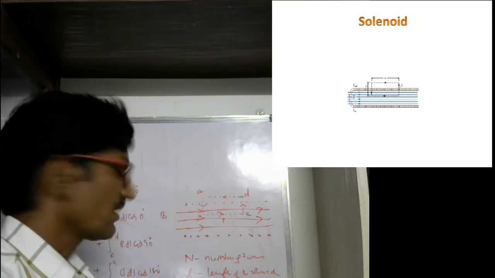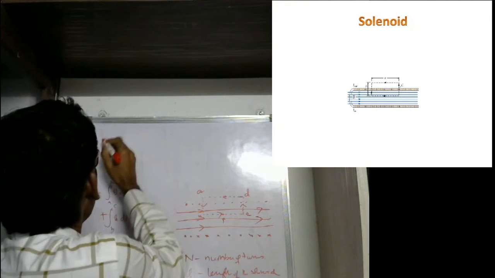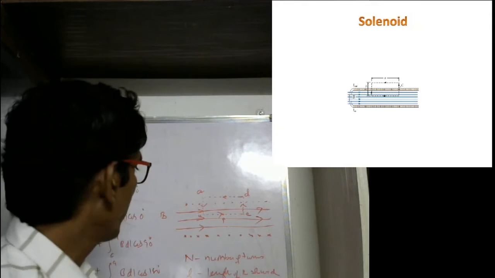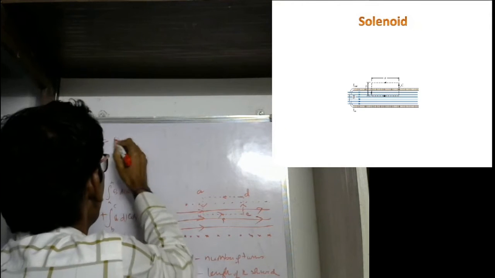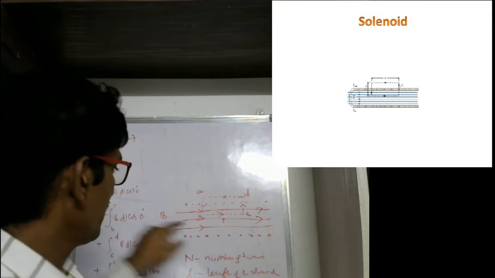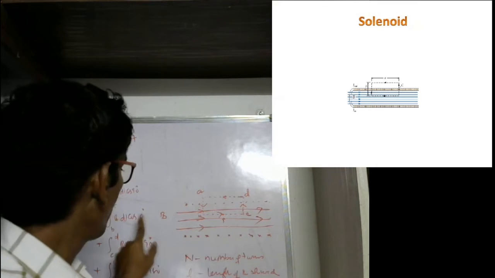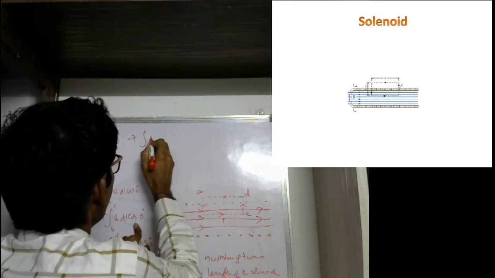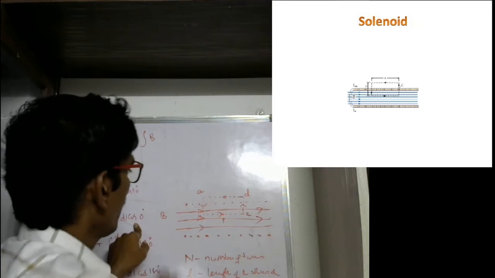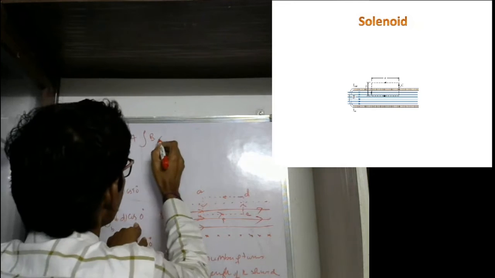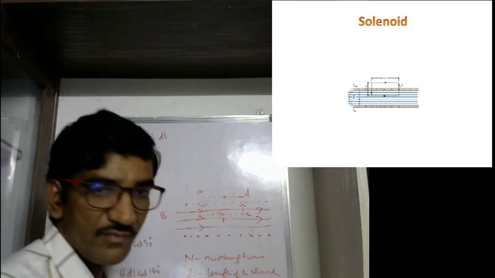How many of these integrals are non-zero? A to B is cos 90, which means 0. B to C is not 0, because cos is 1, so this is simply B dl.